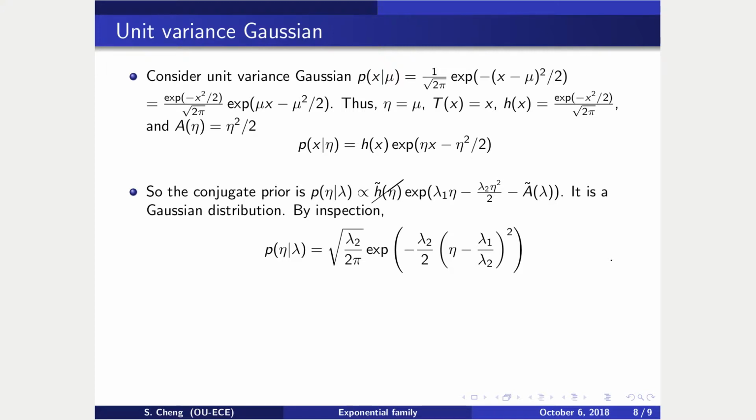So as we already mentioned, the mean of eta is lambda 1 over lambda 2, the variance of eta is 1 over lambda 2, and we can substitute back to get lambda 1 and lambda 2 in terms of mu eta and the variance of eta, sigma eta squared.